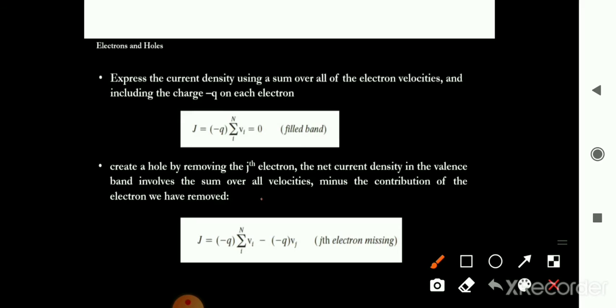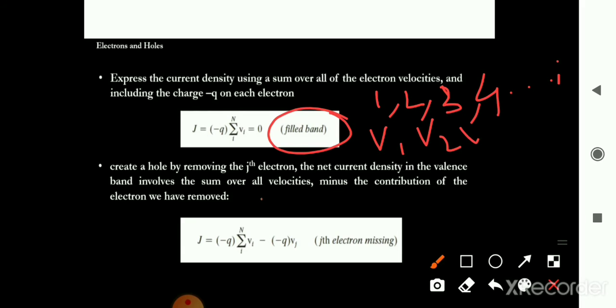Here we are calculating the current density produced by the electrons present in the valence band. Here we are considering a filled band. So there will be many electrons like electron 1, electron 2, electron 3, electron 4. So many electrons will be there, and the velocities associated with them are v1, v2, v3 and vn.